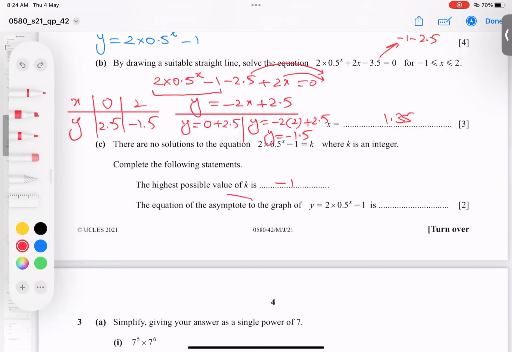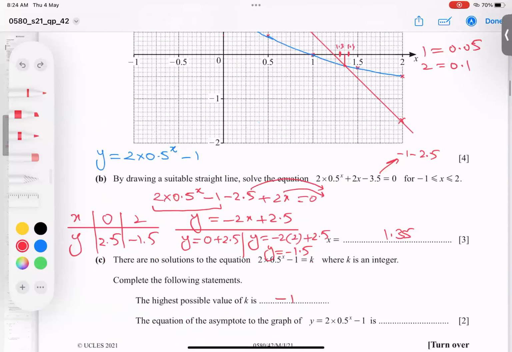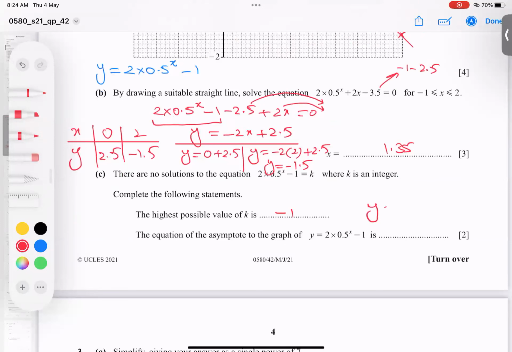Now I'm going to teach you this last part. Let's see how we can do this final touch. So this is done, that y is equal to -1. So the k value is -1, which is the highest value which has no solution. Now I want to show you the asymptote concept.